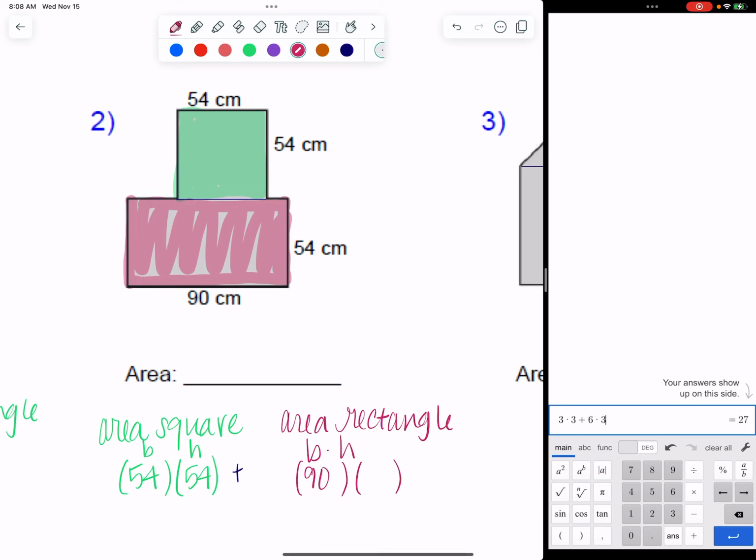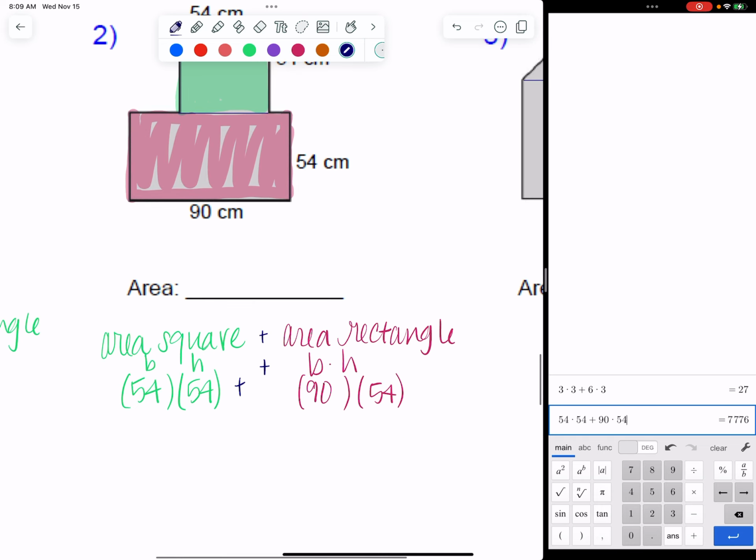Well, that's 90 times 54. 54 times 54 plus 90 times 54 gives me an area of 7,776 square centimeters.